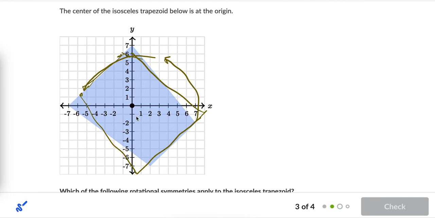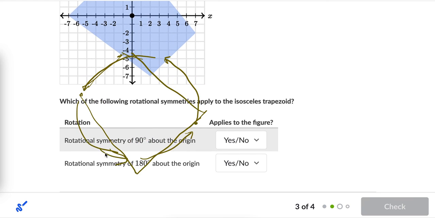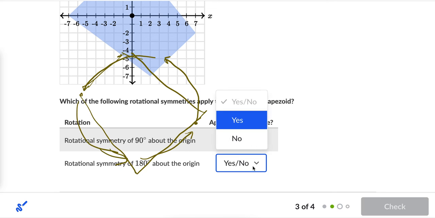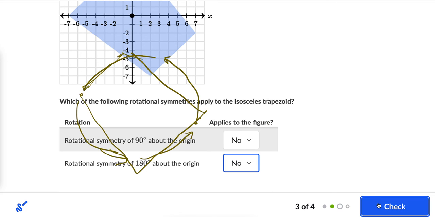Be somewhere along those lines, and that's not mapping onto itself. Because of the nature of an isosceles trapezoid, we must go around 360 degrees before we ever get to a full rotational symmetry. So neither 90 nor 180 degrees will work for this. The only one that will work is a 360 degree.